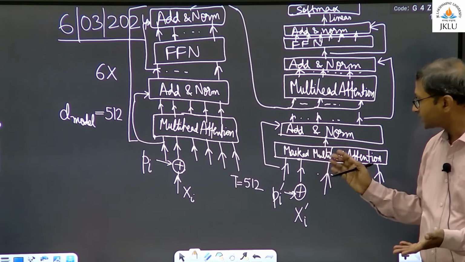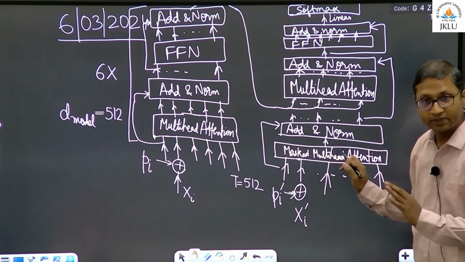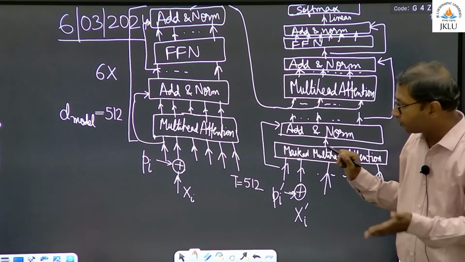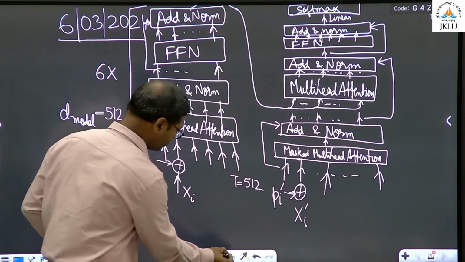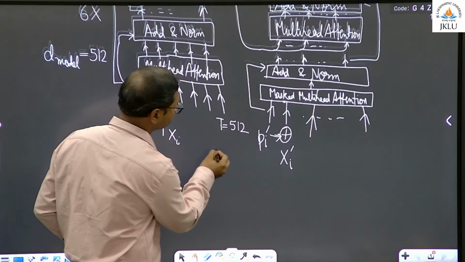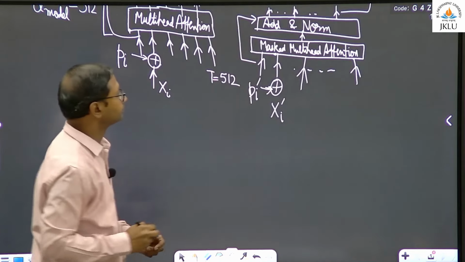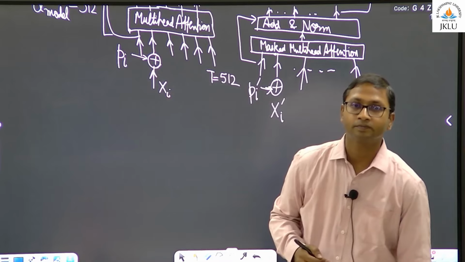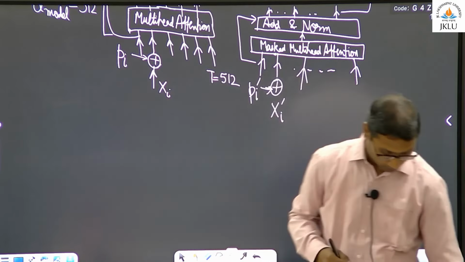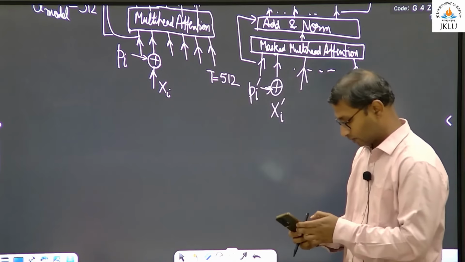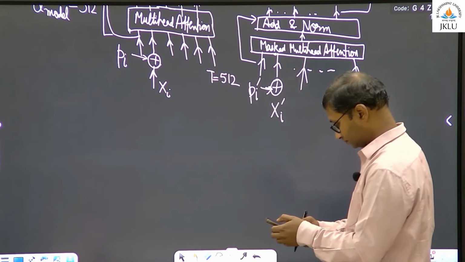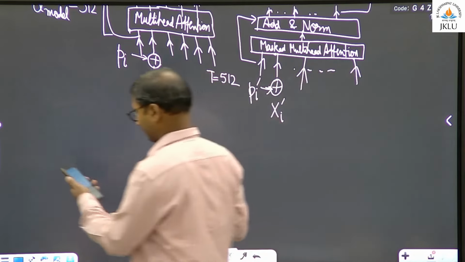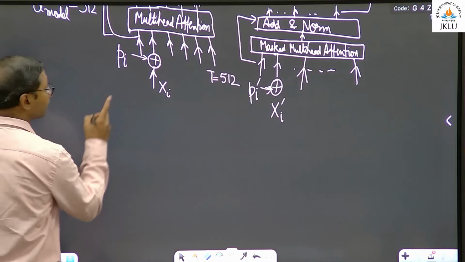How do I implement this? See, this is multi-head attention, so something similar might be going on, right? Now, how do I stop it from looking at the next words? So what was our multi-head attention?